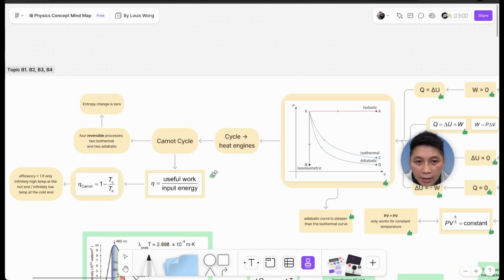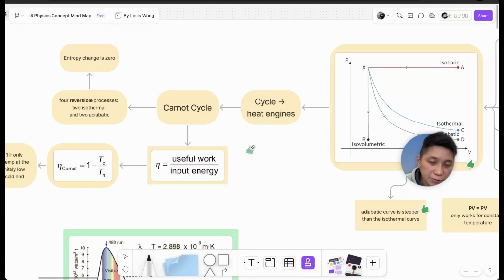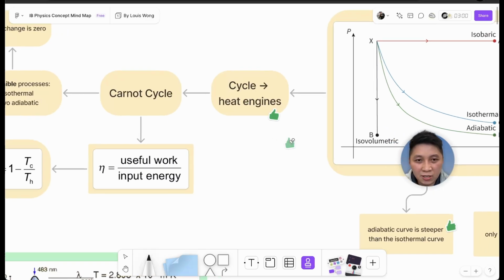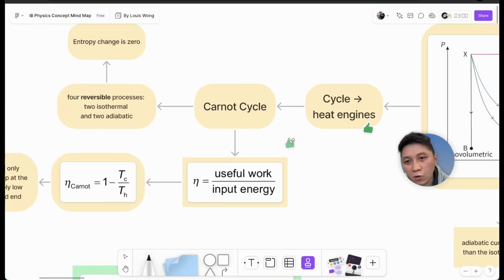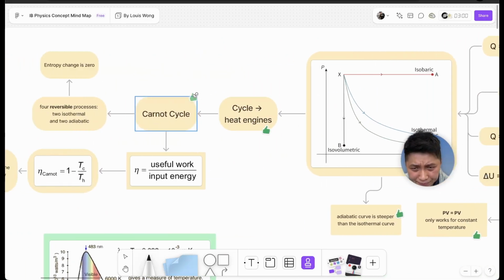Now, because we have these four, we could possibly make the heat engine. The first thing that you have to know about the heat engine is that it's an engine. It continuously runs, and so we have to make cycles. That means you have to go back to the original state on the PV diagram, and that makes it a cycle. In terms of a cycle there are lots of things going on, which we just covered.